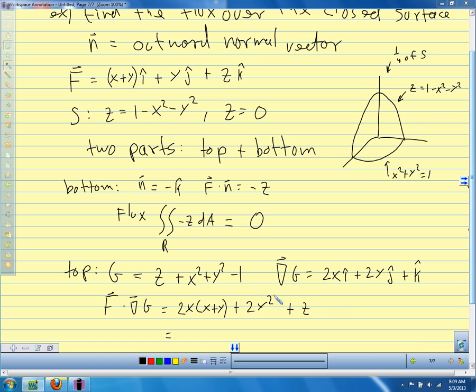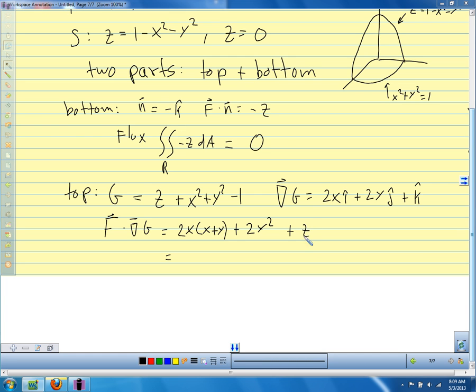Our double integral in the xy plane is only going to be in terms of x and y. So z is 1 minus x squared minus y squared. That's our surface. So I'm going to substitute that in for z and simplify this. When I do all of that, I get x squared plus 2xy plus y squared plus 1. So that's going to be my integrand.